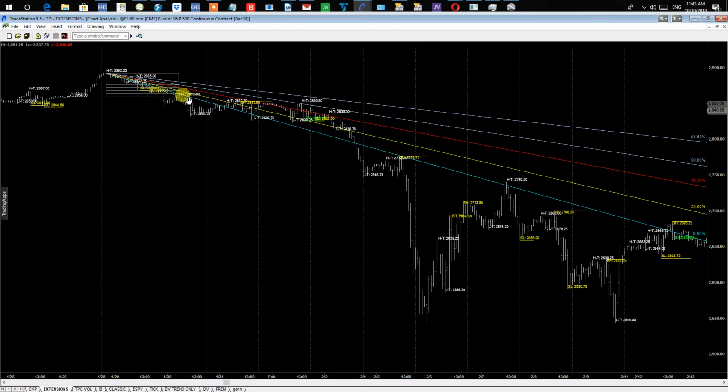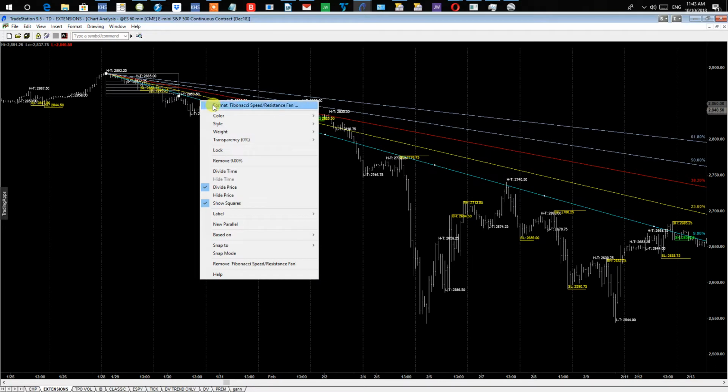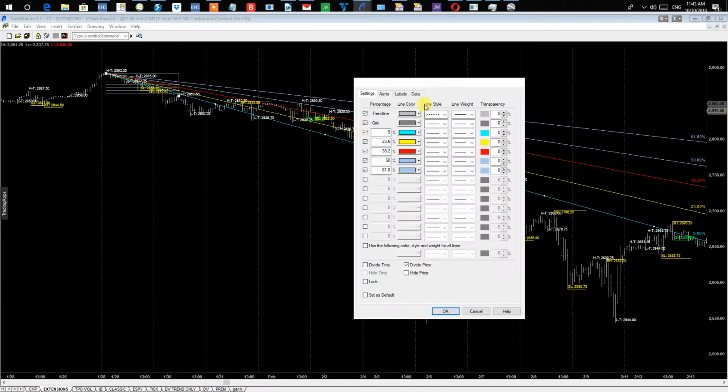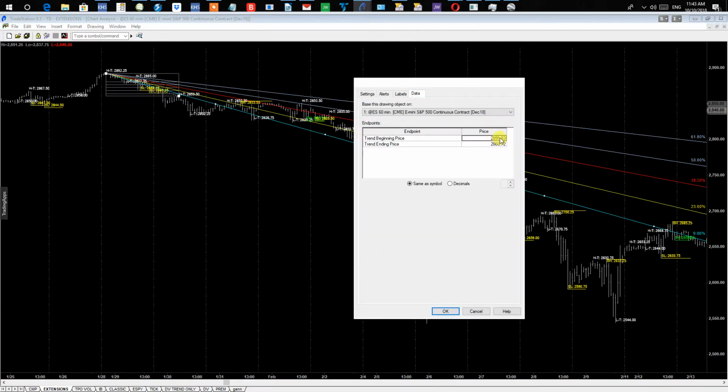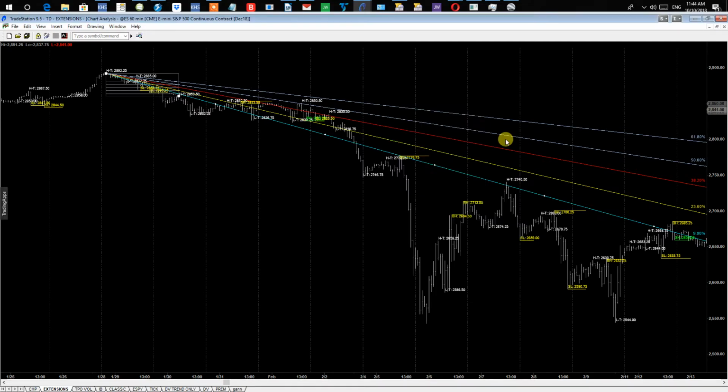Our lower high was at 28.59.50. And you go into the tool, go into data, and plug in the numbers right here: 28.92.25 and 28.59.50. Okay.